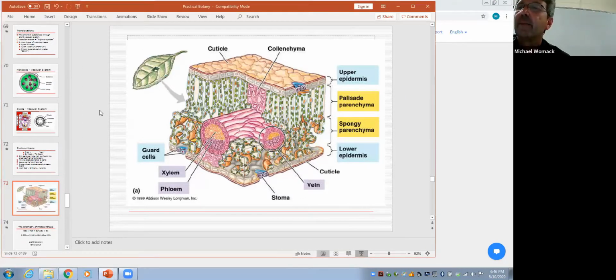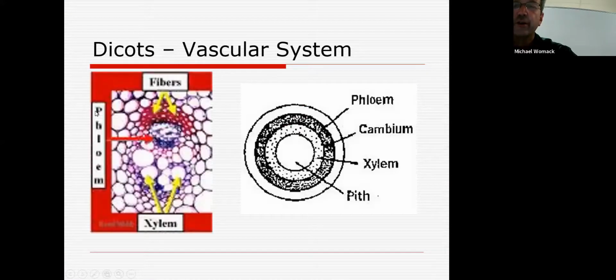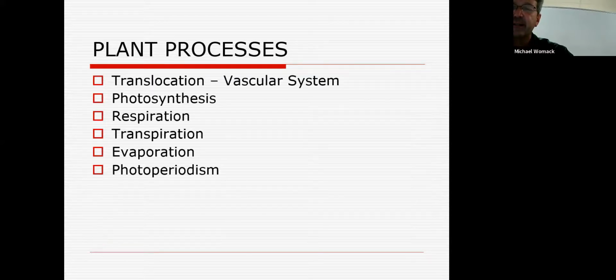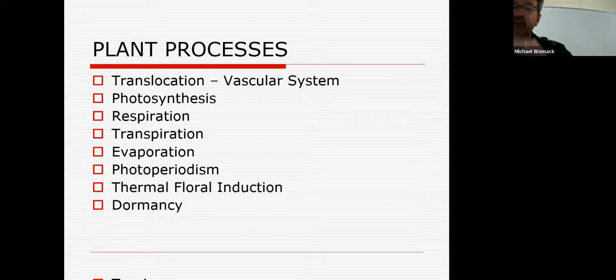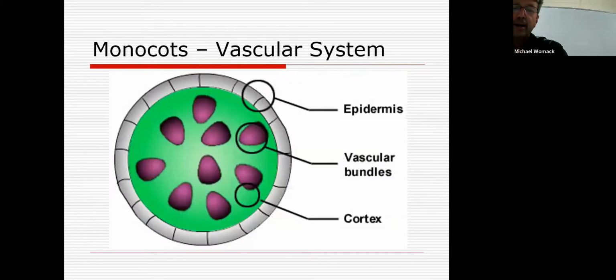Let's back up just a little bit just to make sure. Y'all saw the stuff on translocation, right? But that is all pretty simple. That's everything we're going to study today in the last hour. Translocation, we talked about that. And I was showing you the monocot, which obviously y'all didn't see. The monocot with the vascular bundles.